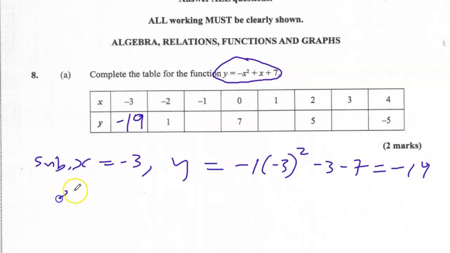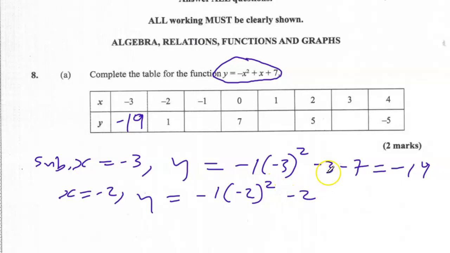Substitute x equal to negative 2 this time. So it's minus 1 times minus 2 squared, plus minus 2, my bad, this is actually plus 7. An error was made here, so this will be negative 9.